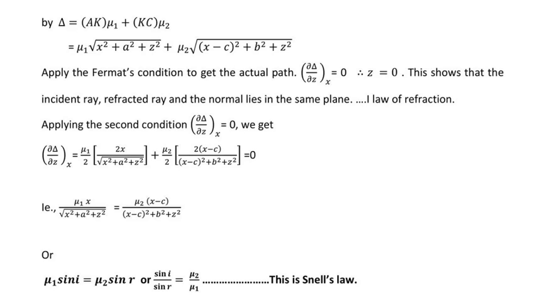That is, mu1 x over the square root of x squared plus a squared plus z squared is equal to mu2 times (x minus c) over the square root of (x minus c) whole squared plus b squared plus z squared, or mu1 sin i is equal to mu2 sin r, or sin i by sin r is equal to mu2 by mu1, which is Snell's law of refraction.